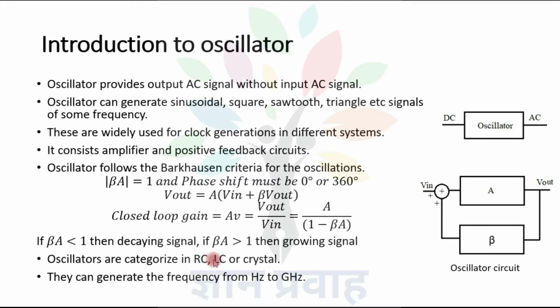If L and C components are used in the feedback circuit, then these are called LC oscillators. If a crystal is used inside the feedback circuit, then the oscillator is a crystal oscillator. And oscillators are capable of generating frequencies from a few hertz to gigahertz.